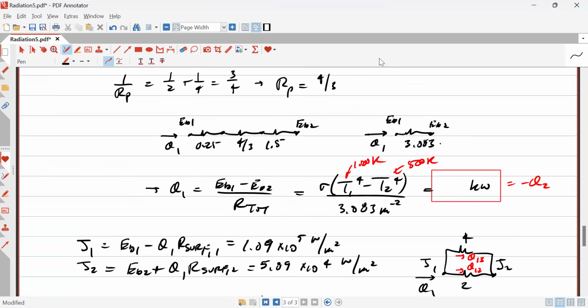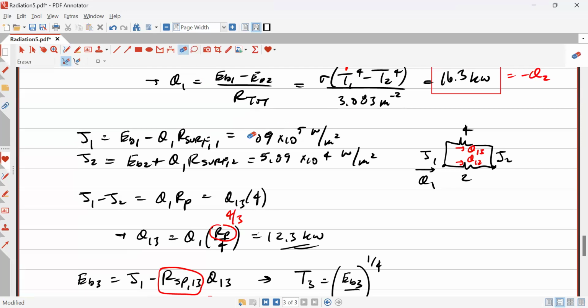So Q1 turns out to be 16.3 kilowatts. The values of J1 and J2 are going to be a little bit different.